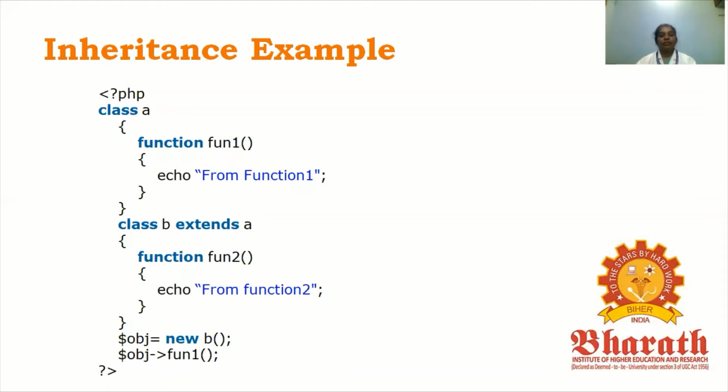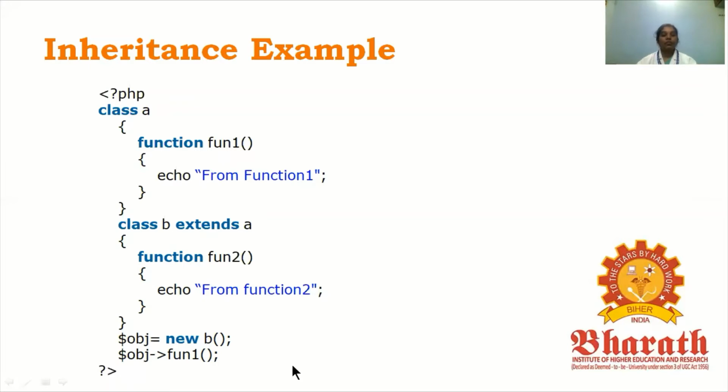After the class and the derived class creation, we create an object for the derived class. See the last two lines: object is equal to new B, which creates an object for the derived class, and invokes the base class function. Fun one is inside the base class.